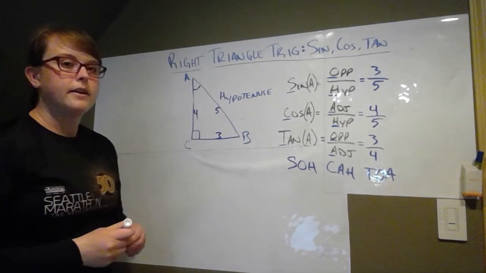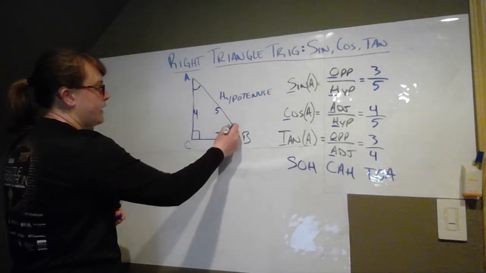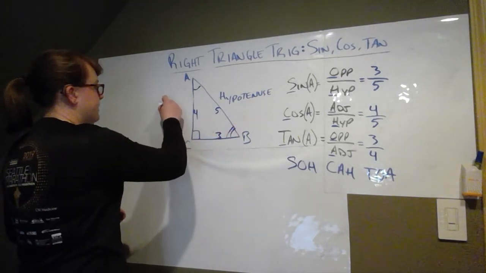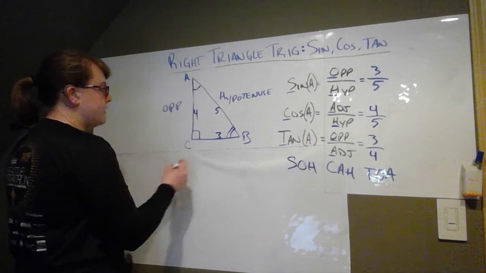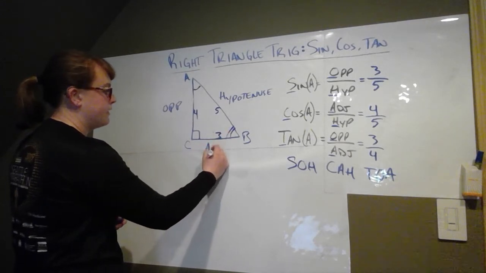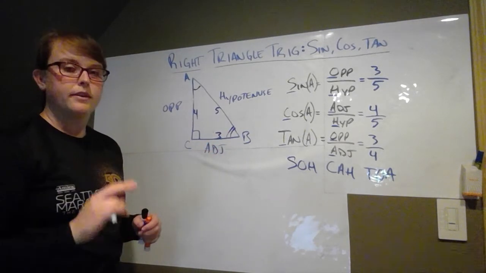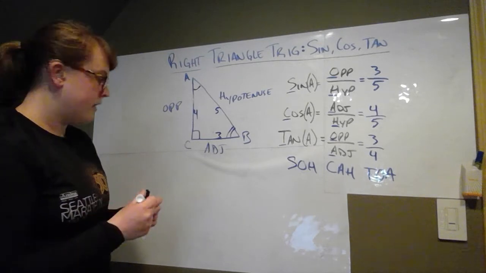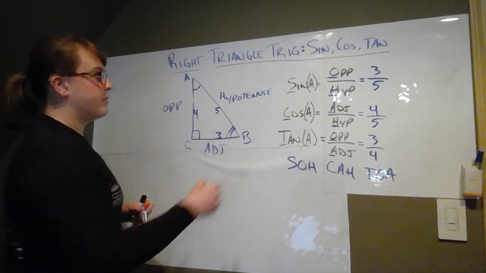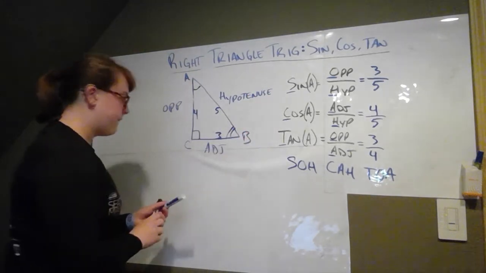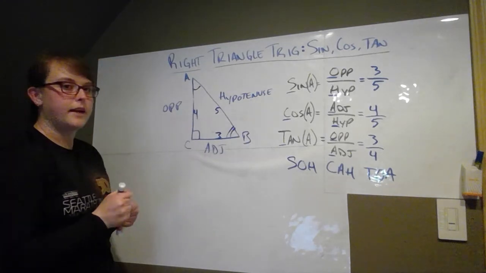That's how it's defined. But the opposite side for angle B is actually this one. The adjacent side for angle B is actually this one. So it just switches. Okay, so that's going to switch things up here for us if I wanted to find sine, cosine, and tangent of B.